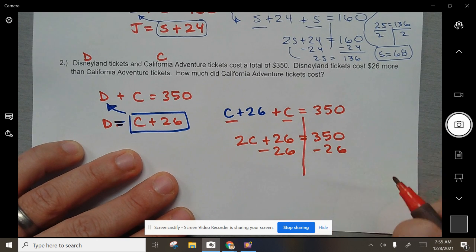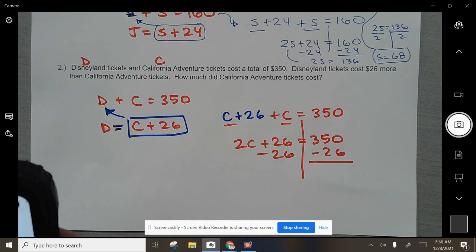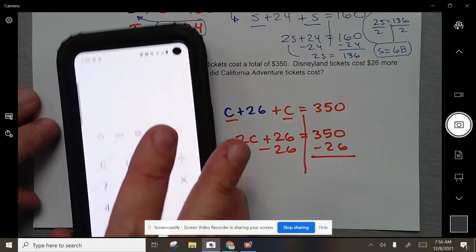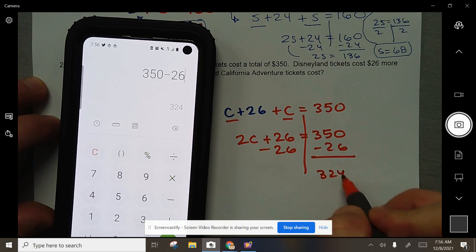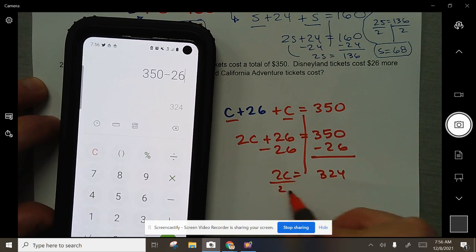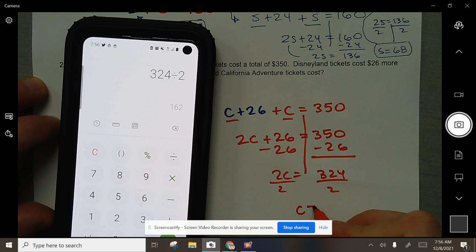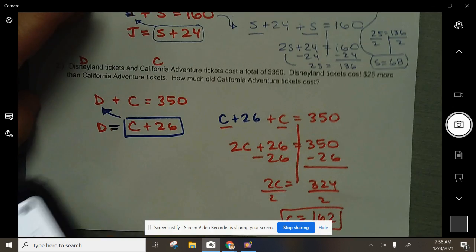Subtract 26. Let me go ahead and get my calculator. I don't want to think right now. I don't know if you get like me like that sometimes. So 350 minus 26, 324 equals 2C, and then I'm going to divide that by 2. C equals $162.